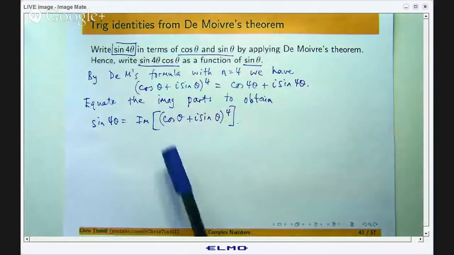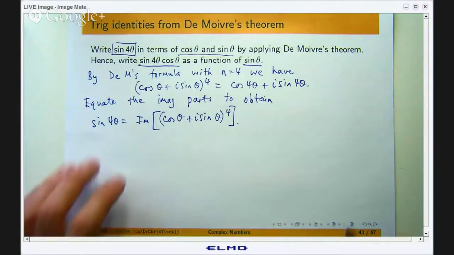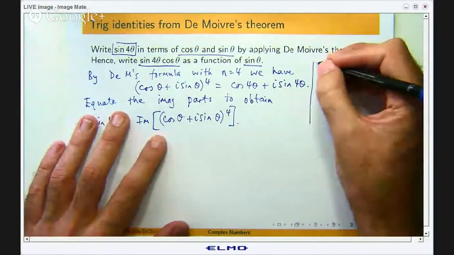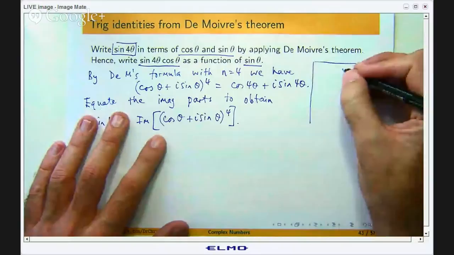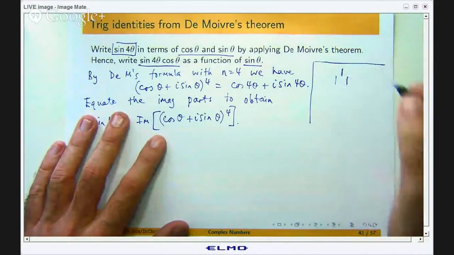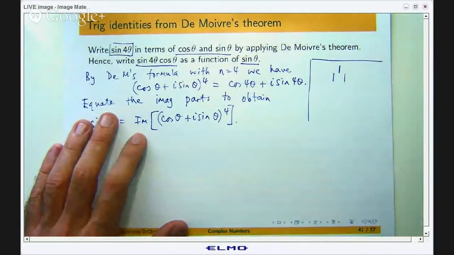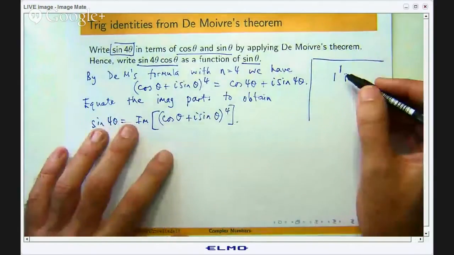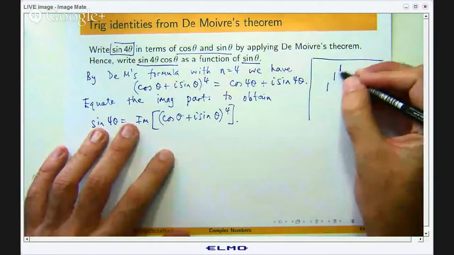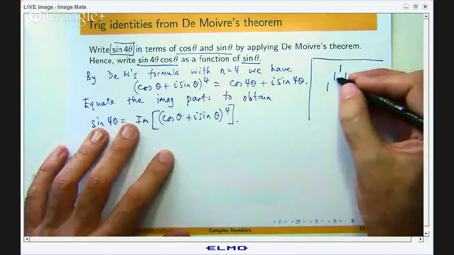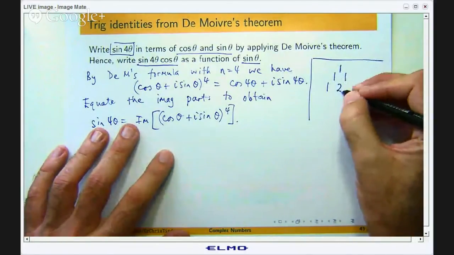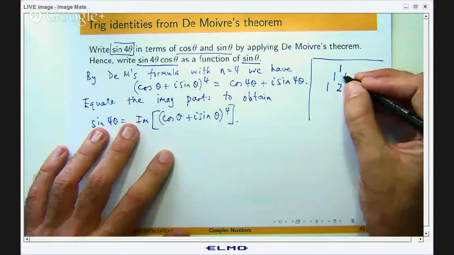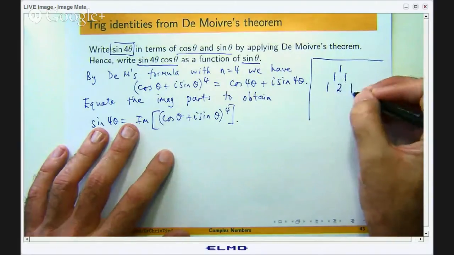Okay, so you've got this raised to the power 4. How do we do it? Well, we are going to use, say, Pascal's triangle. With Pascal's triangle, it's essentially an algorithm for expanding these kinds of expressions. Okay, so you start with this, and then ones are all down the sides of this triangle, and to form a number here, you would add these two expressions to get 2.